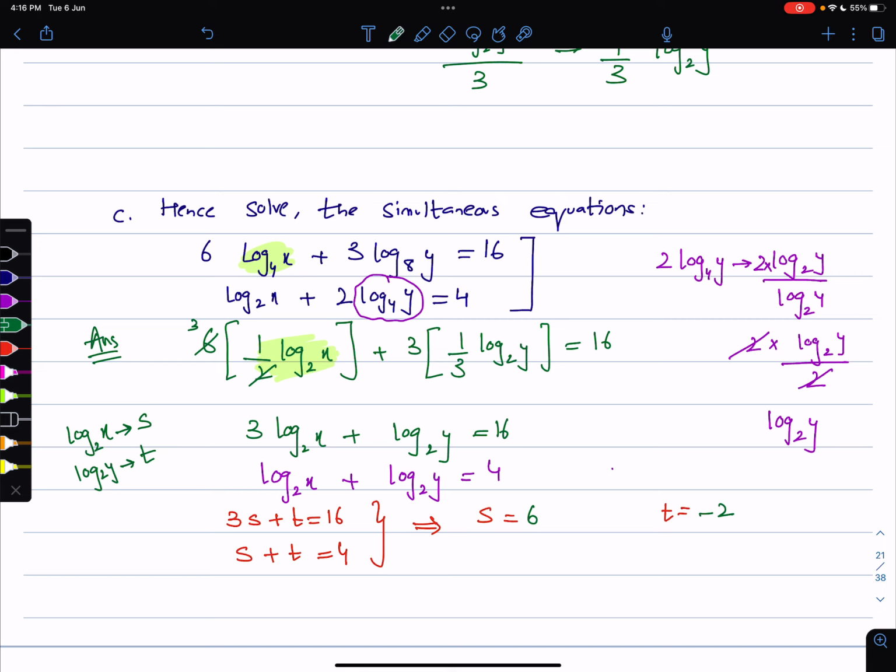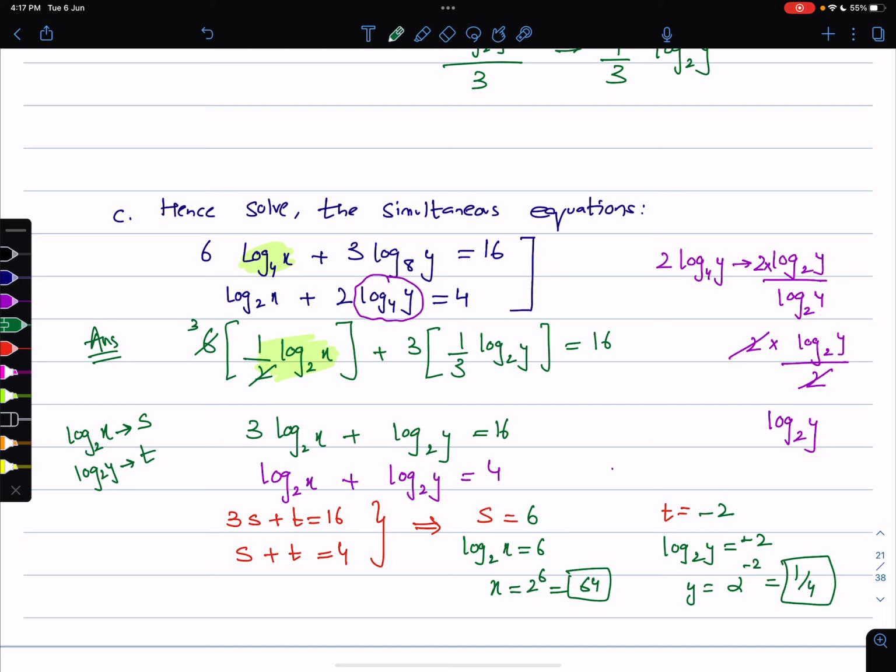So s was substituted for log to the base 2 of x, which is equal to 6, and log to the base 2 of y was substituted for t, which is equal to -2. So x is equal to 2 to the power of 6, that is 64, and y will be equal to 2 to the power of -2, which is 1/4. So the values of x and y are 64 and 1/4.